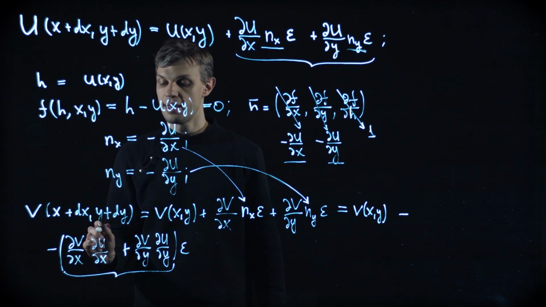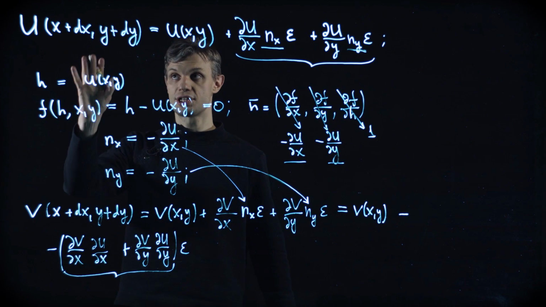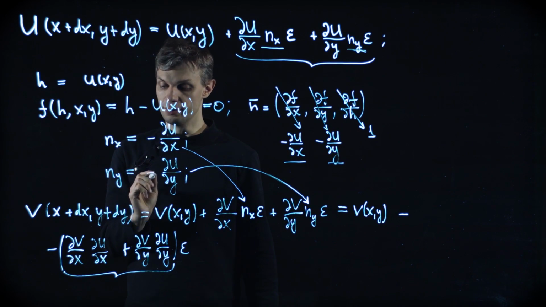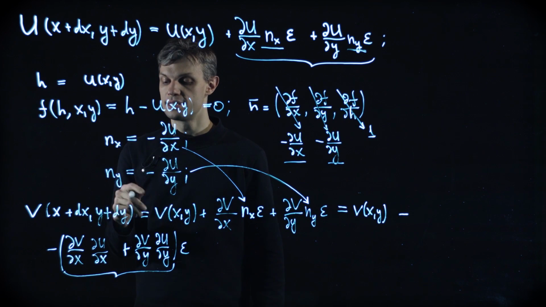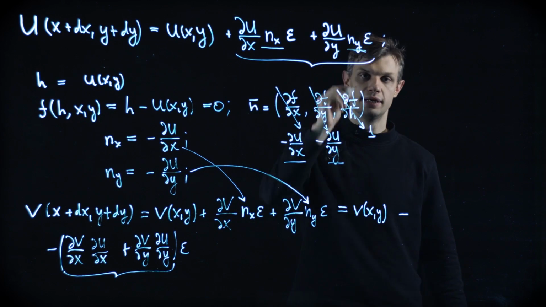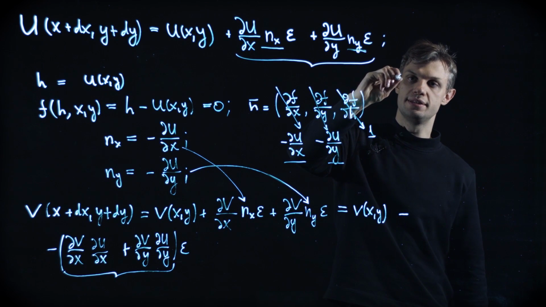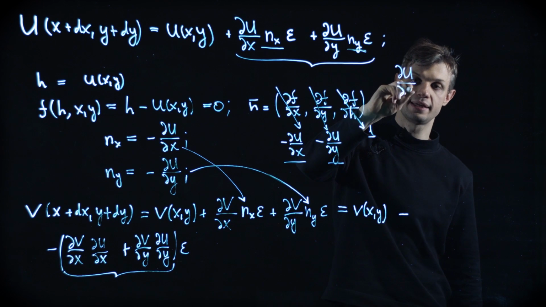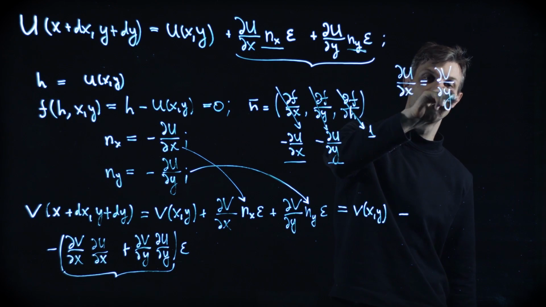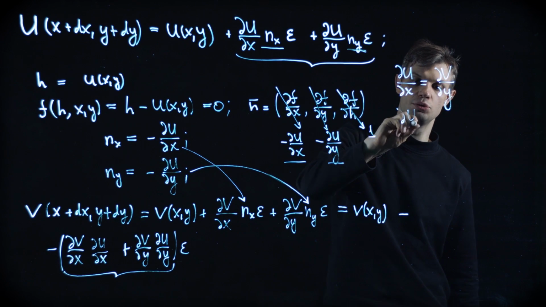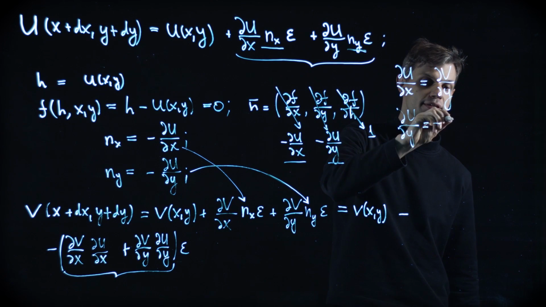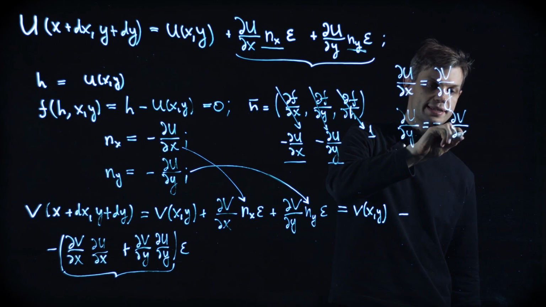So to see this, let's recall that our f function, or initial f function, is an analytical function of complex variable, and that means that it satisfies Cauchy-Riemann conditions. So here they are. Du over dx should be equal to dv over dy, and du over dy is equal to minus dv over dx.